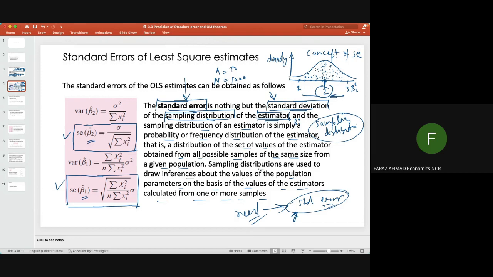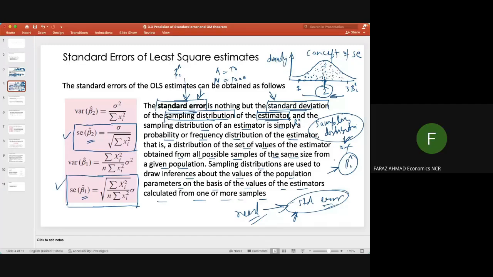That's what I was explaining for the last 10 minutes, that if you collect all possible samples of size 10 from a population of size 1000, you calculate beta 2 hat for all the possible samples, and then you plot it like this, what you get is the sampling distribution of beta 2 hat. And if you calculate the standard deviation of all the beta 2 hats that you got, that would be the standard error.